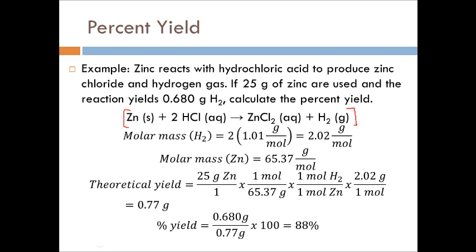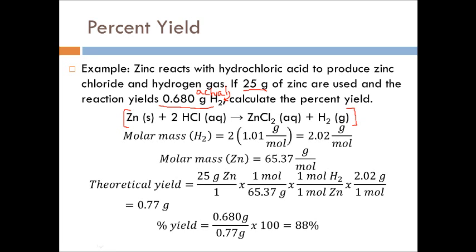If 25 grams of zinc are used and the reaction yields 0.68 grams of H2, calculate the percent yield. So we know we start with 25 grams of zinc. We know that we produce 0.68 grams of H2. This is our actual yield right here.